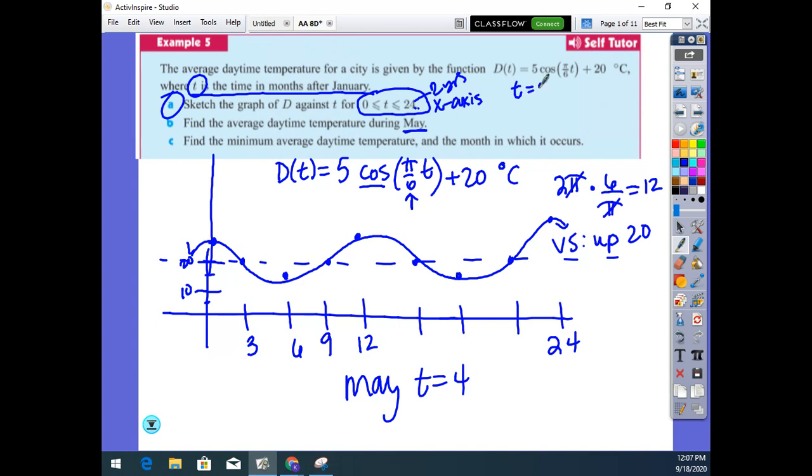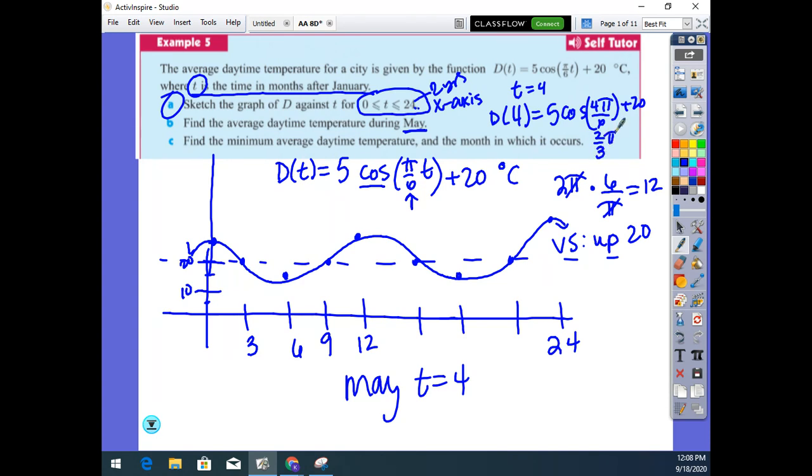So if T is 4, I want D of 4. So if I take 4 times pi over 6, this simplifies into 2 pi over 3.